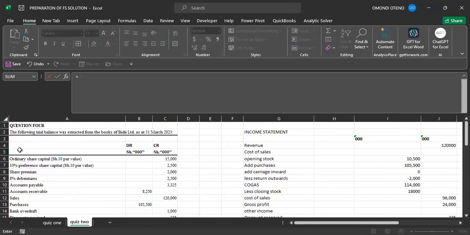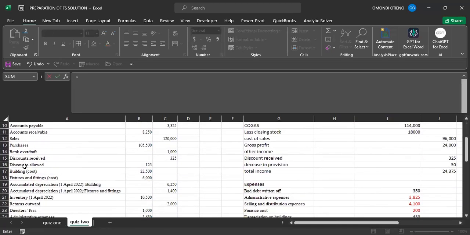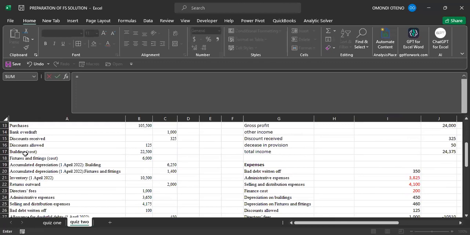So let's bring the cost. We're going to bring in these buildings here. We bring in fixtures and fittings. There are only those two, right? So those are the two assets that we are having there.